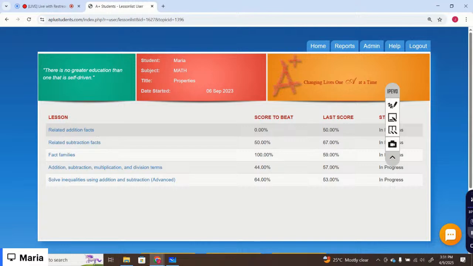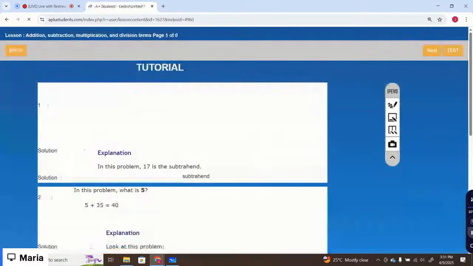The next lesson is addition, subtraction, multiplication, and division terms. Let's just start with the lesson.